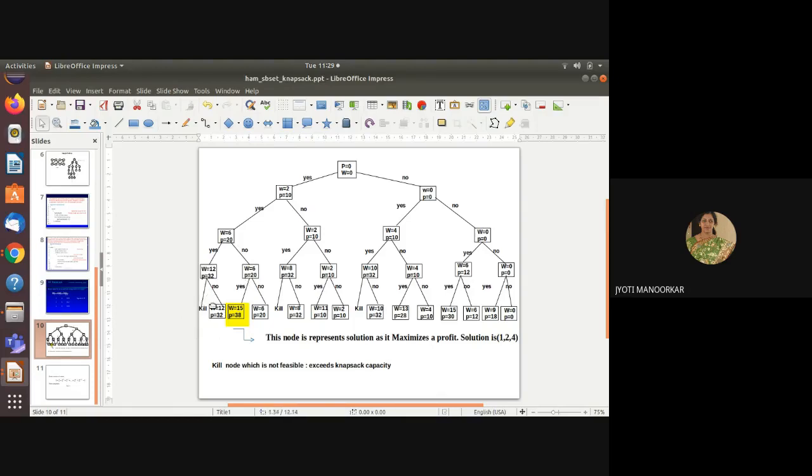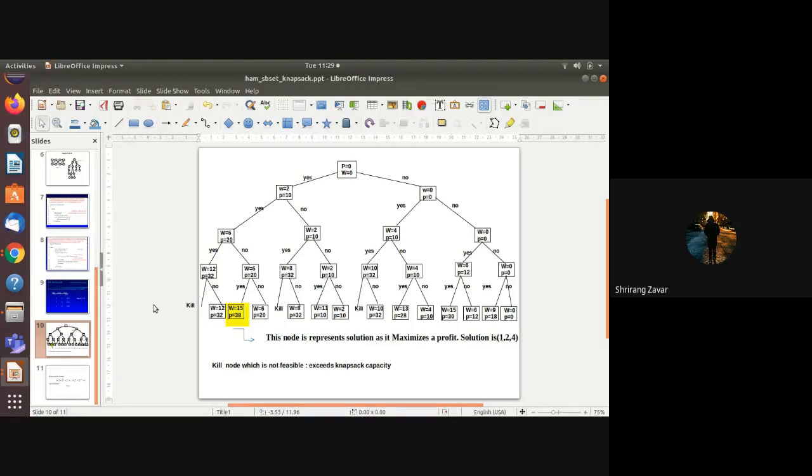No, it is not. So the fourth item cannot be included, so we will simply kill the left child for this node. We are not going to explore the left child for this node, so we are simply discarding it. Okay. Got this? Someone please respond.